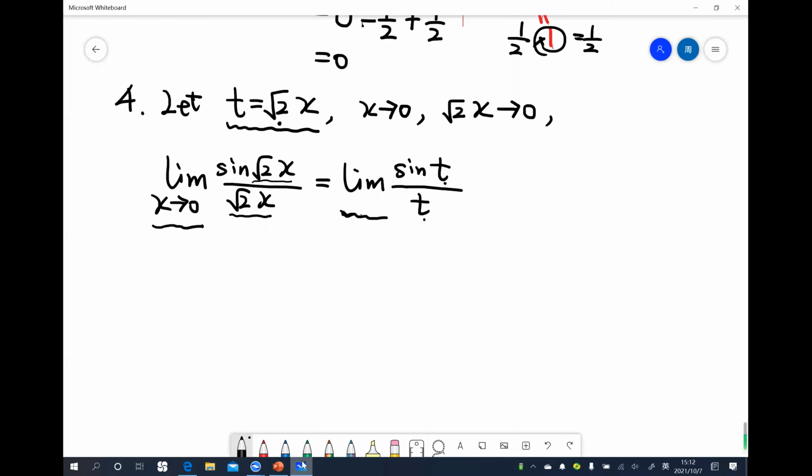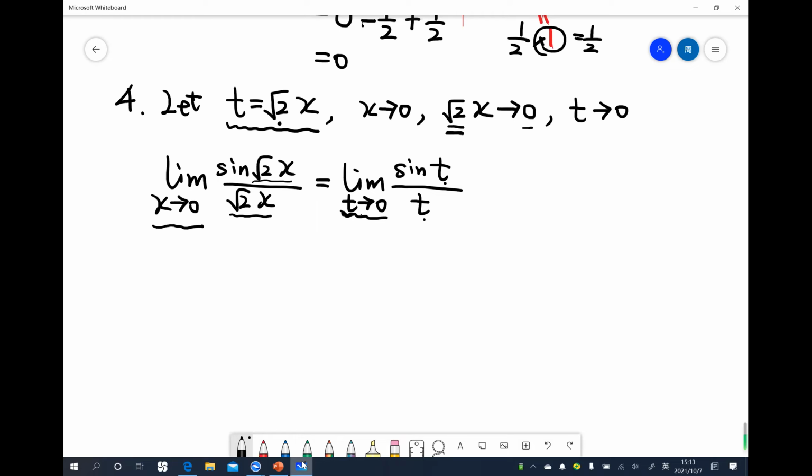And that means t approaches 0. Because the square root of 2 is a constant here, it will not change. So here t approaches 0.